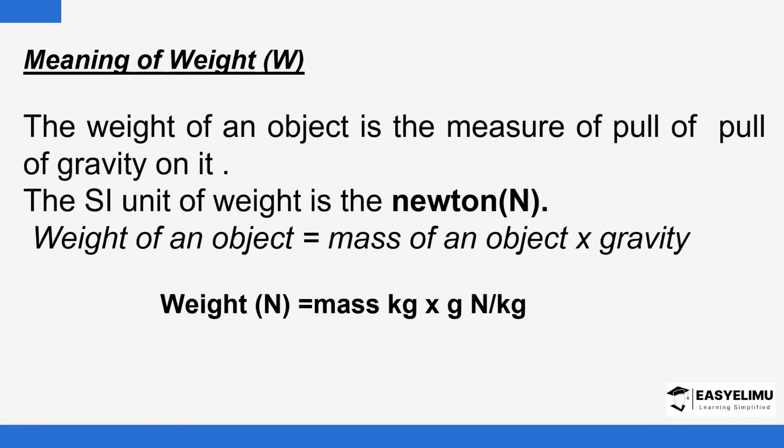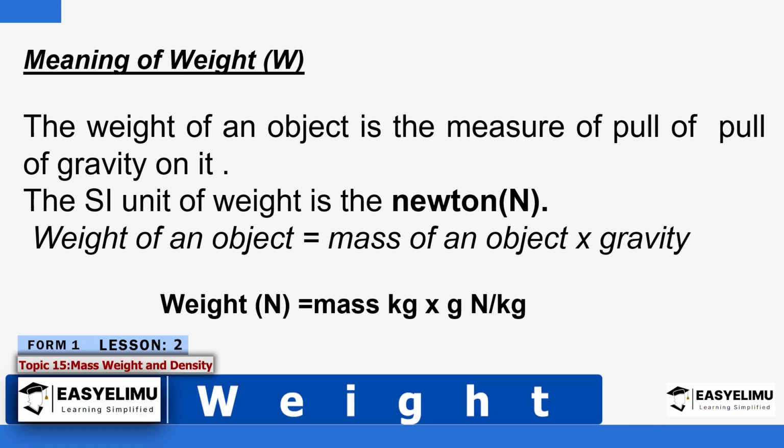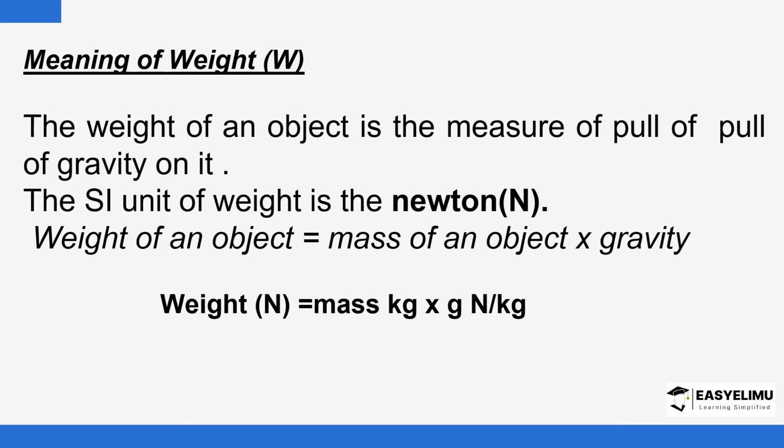So, what does it mean when you talk about weight? Weight of a given body can be described as the measure of pull of gravity. So what is the extent of pull of gravity on an object?